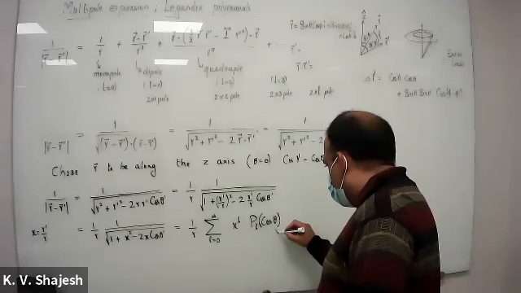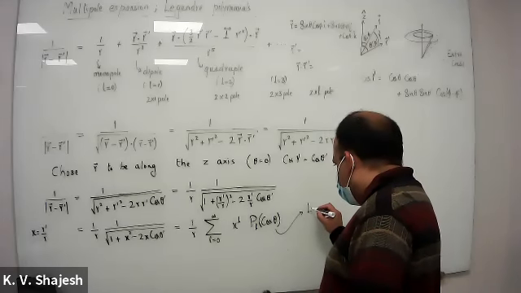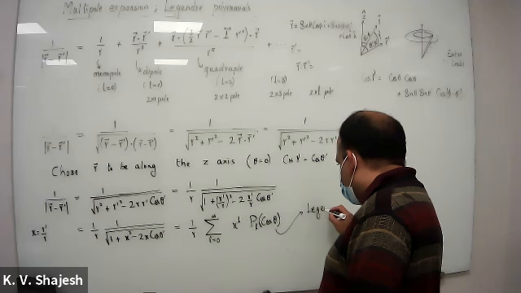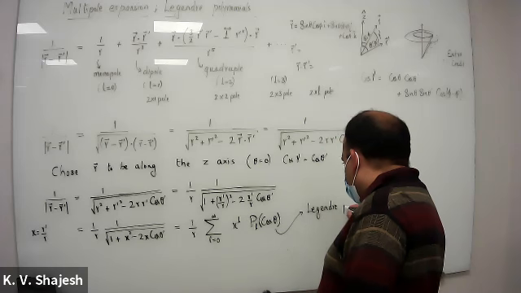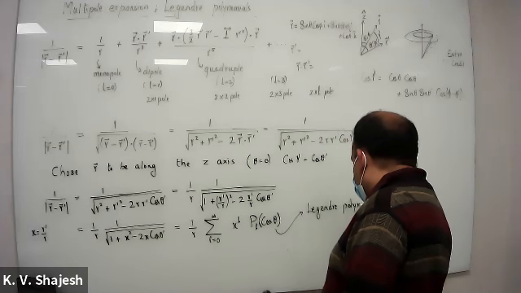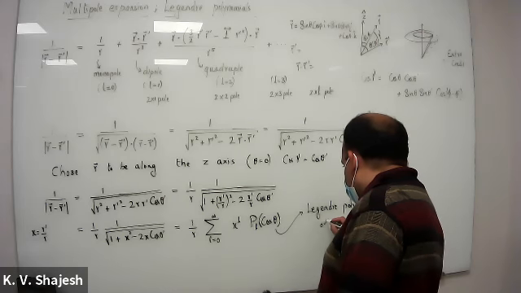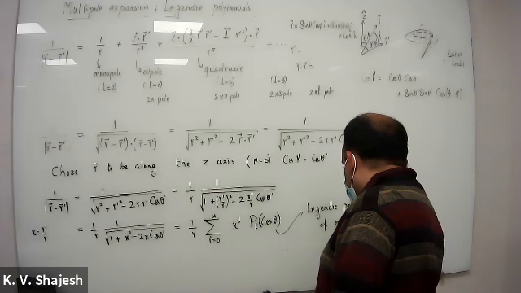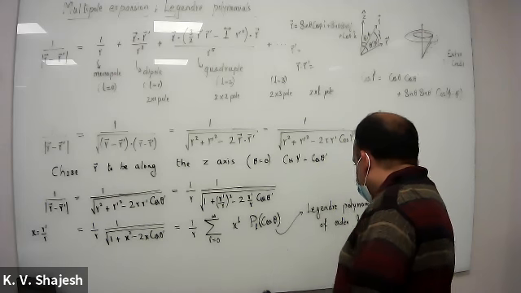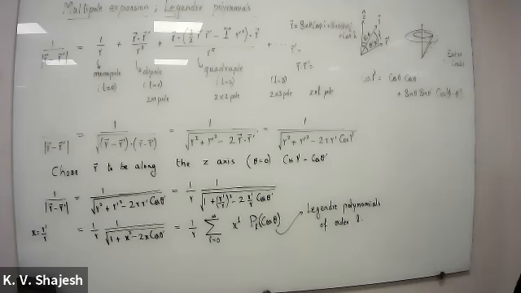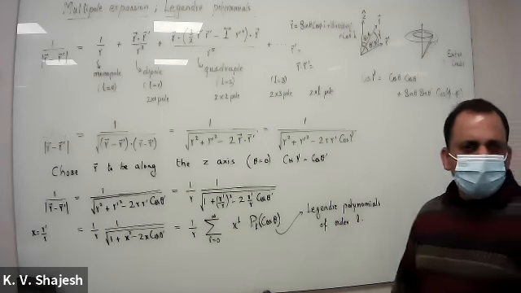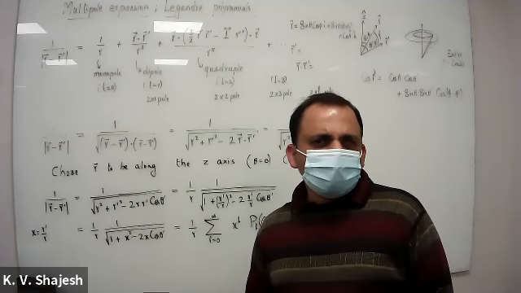So this will be called Legendre polynomials of order L. What is a polynomial? What's the difference between a polynomial and a function?